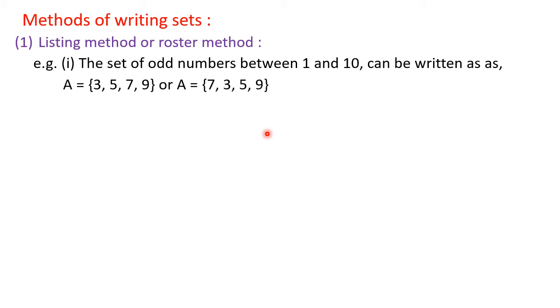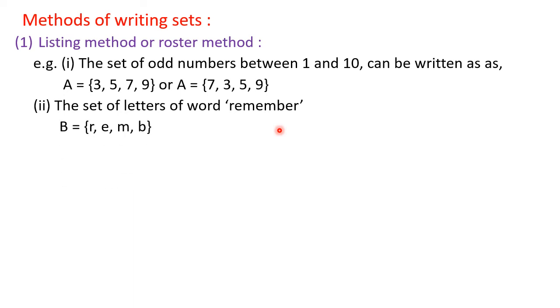Let's take one more example. Second example, the set of letters of the word remember. Okay, here we have to write down the letters from the word remember. Now while writing here, I will display the set first and then I will explain.